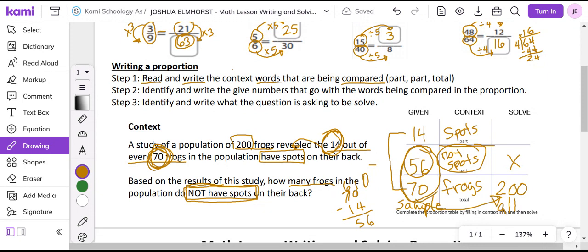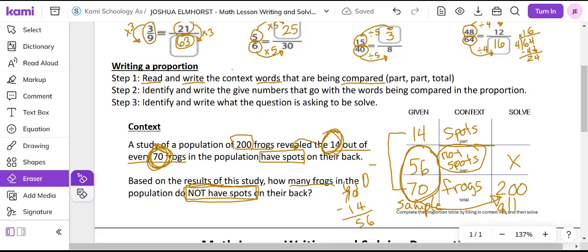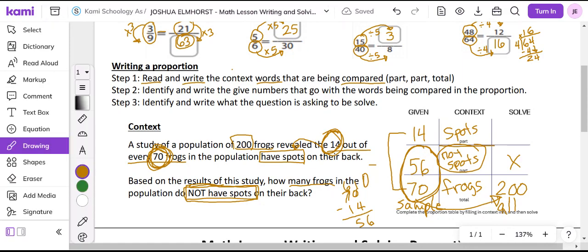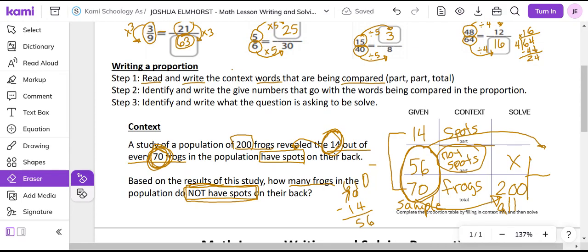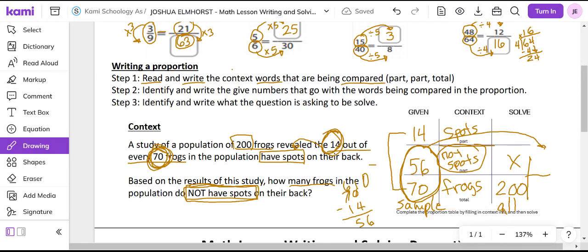But if we use some of our skills from elementary school, 5th and 6th grade, then we can write an equivalent fraction over here to simplify that given fraction to see if it can help us solve using factors instead of cross multiplying and dividing.